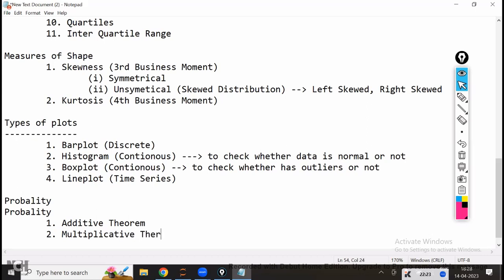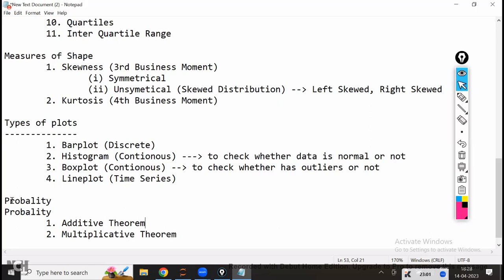Both these theorems are applicable when the events are independent of each other. The additive theorem is nothing but probability of A plus probability of B minus probability of A or B, which gives the probability of A and B. Whereas probability of A and B equal to probability of A into probability of B is the multiplicative theorem.